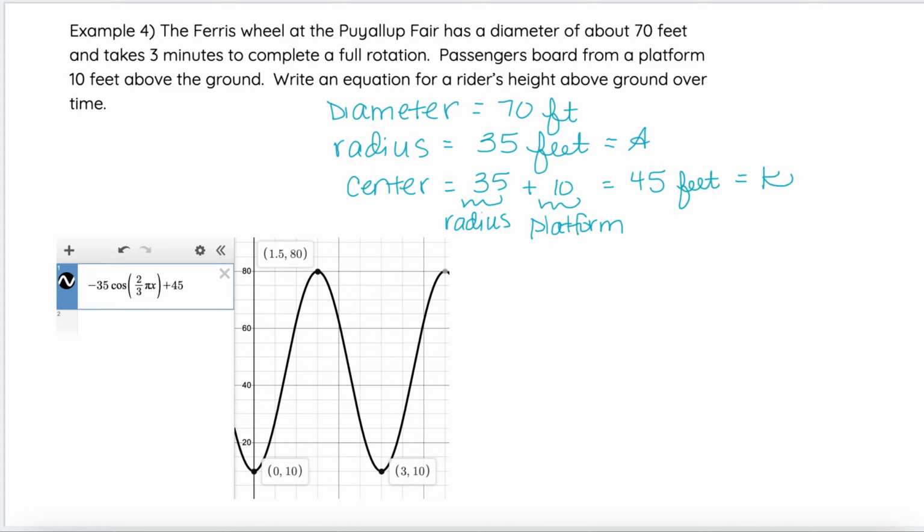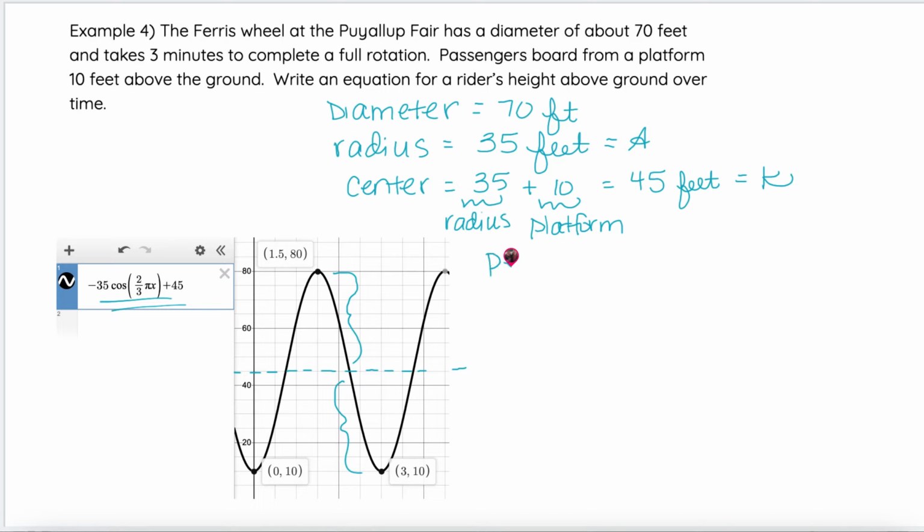You do see that I have our graph here as well, so we can verify where 45 feet might be. So it'd be 20, oscillating above and below 35 feet for our radius.